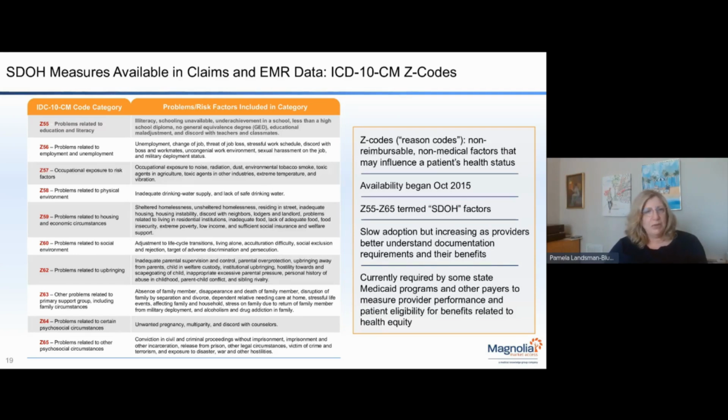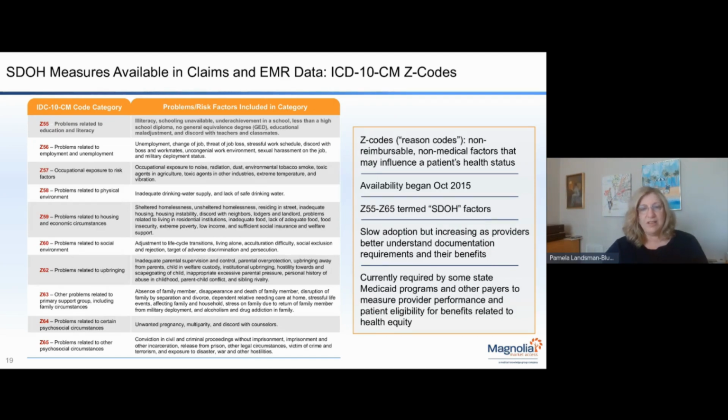So you may have used them for things like smoking status, family history of disease. There's been slow adoption of these codes, but it really has been increasing as providers better understand the documentation requirements and the benefits of having this information.